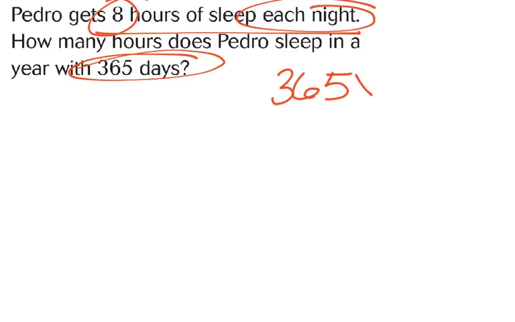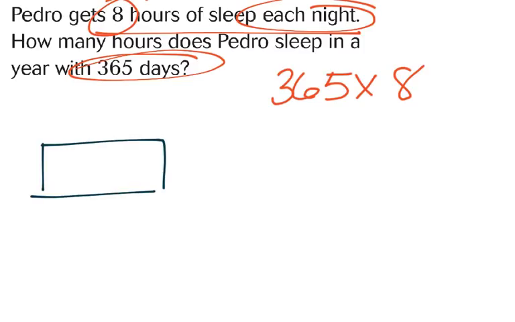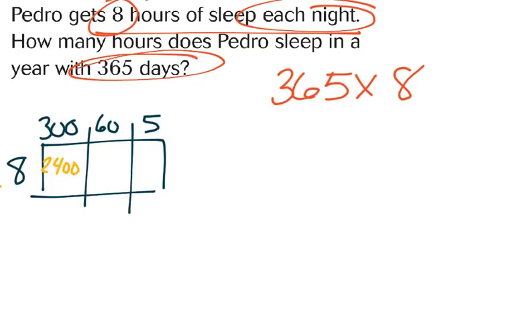365 times 8. Now I can do this a few different ways, and you should do it at least 2 ways on your test. So maybe you use the box model first, or the area model. 8 times 365. 8 times 300 is 2,400. 8 times 6 is 48, and that's in the hundreds place.